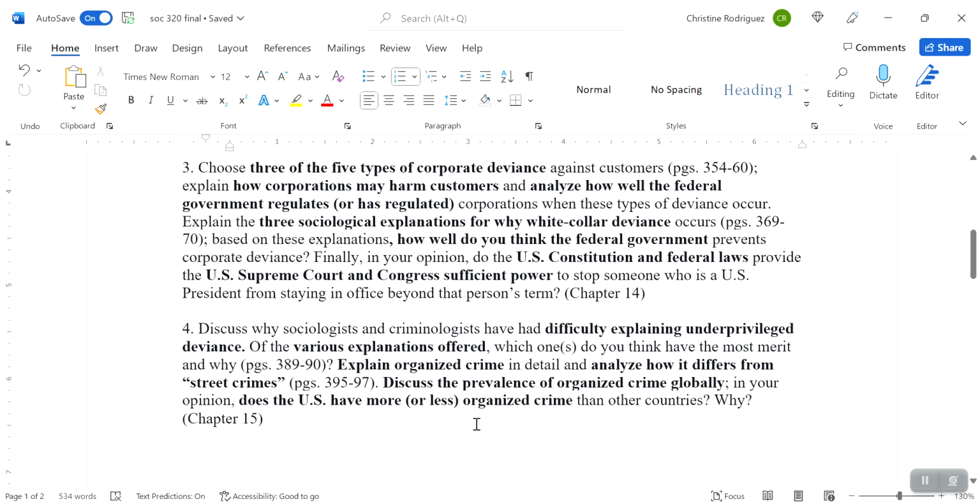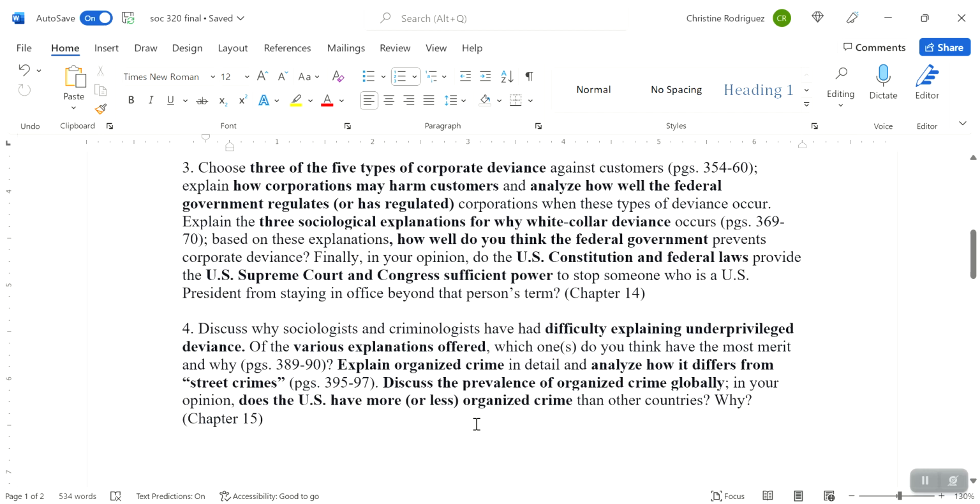Finally, last question comes from chapter 15. Discuss why sociologists and criminologists have had difficulty explaining underprivileged deviance. Of the various explanations offered, which one or ones do you think have the most merit and why?